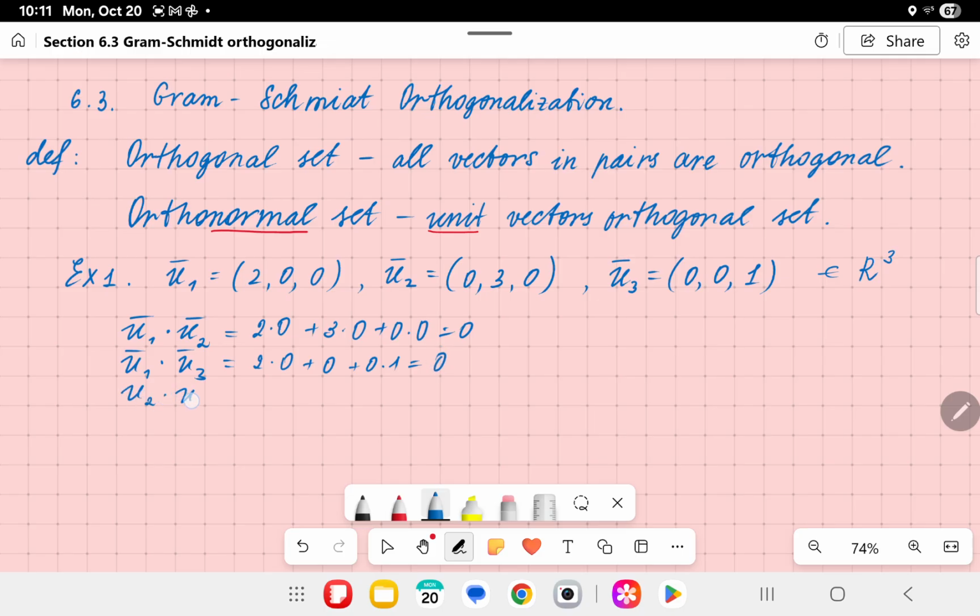And U2, U3, the last pair we have, is going to be 0 by 0 plus 3 by 0 plus 0 multiplied by 1. So this set is orthogonal. All inner products, or in our case, just regular dot products, are equal to 0. All vectors are orthogonal in pairs.